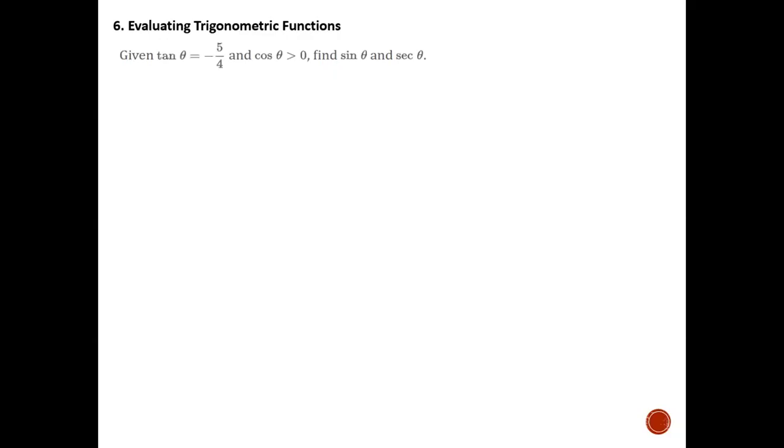So we would be able to find the values for cosine and sine, but we have another piece of information: cosine of theta has to be greater than 0. So what that means is that we're looking at quadrants 1 and 4.